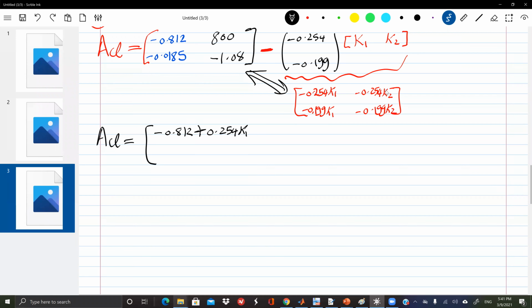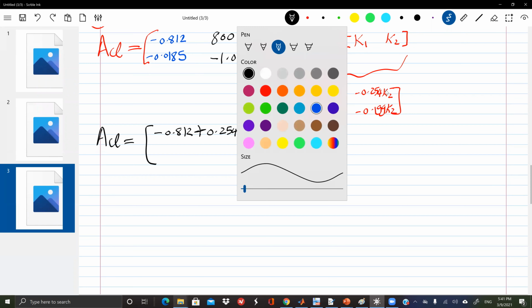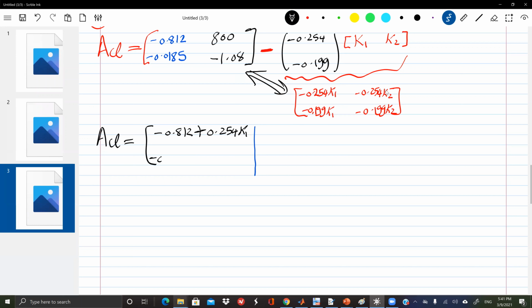Maybe I can use another color as a separator. This is a little bit boring, but you have to do it for the final to get a job and graduate. This is 800 plus 0.254 K2.